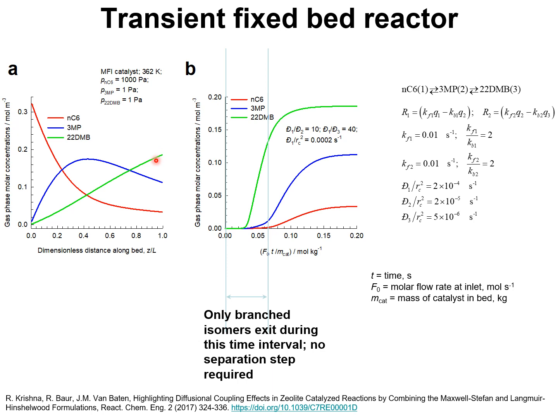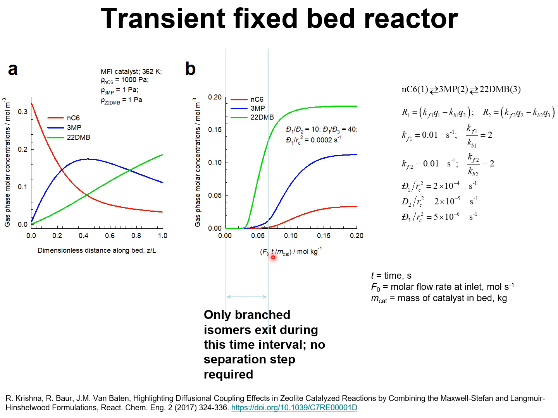There are definite advantages of operating the reactor in a transient mode, and this becomes obvious if we examine the gas phase molar concentrations as a function of a parameter that is linked to the time.